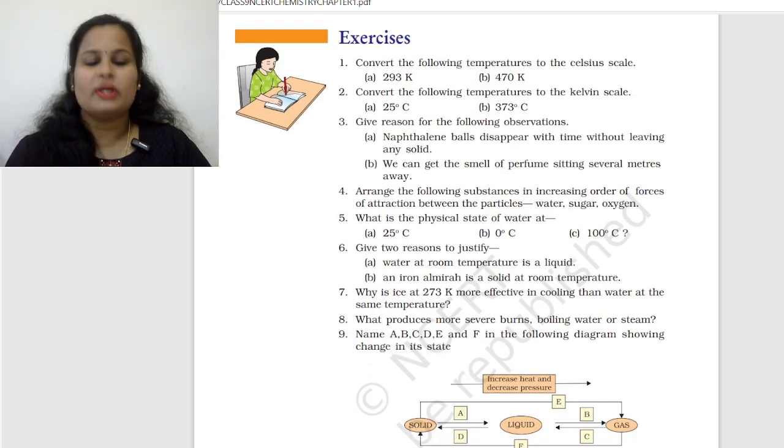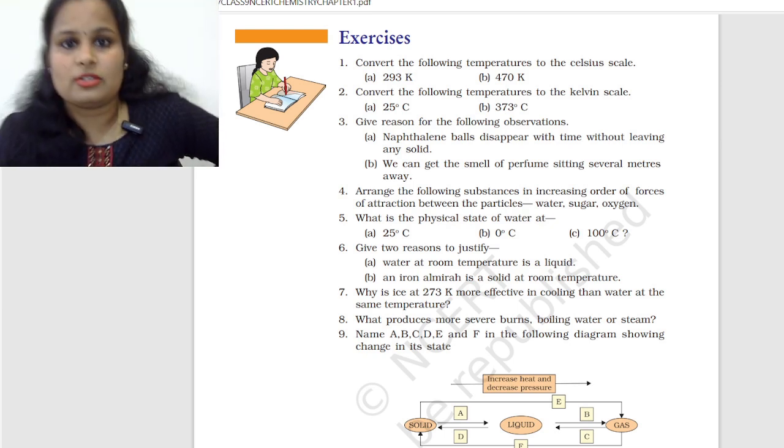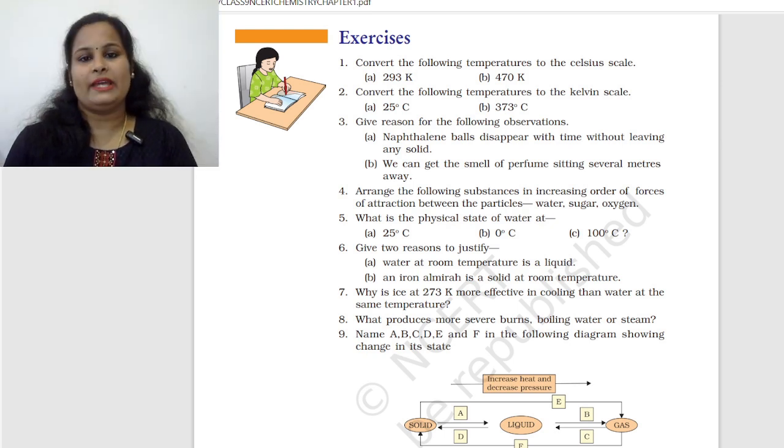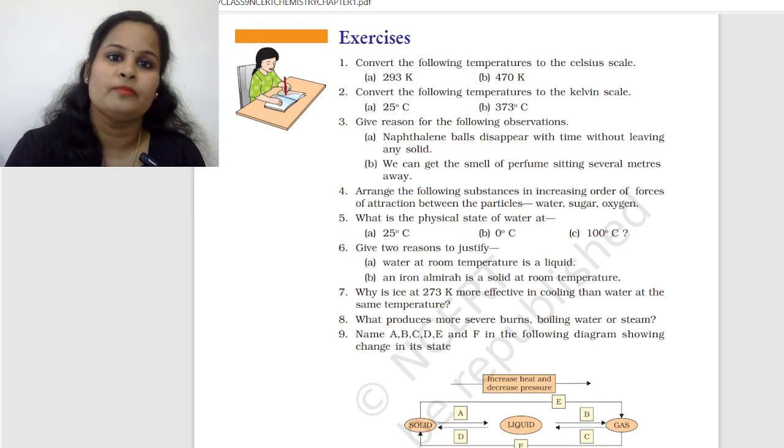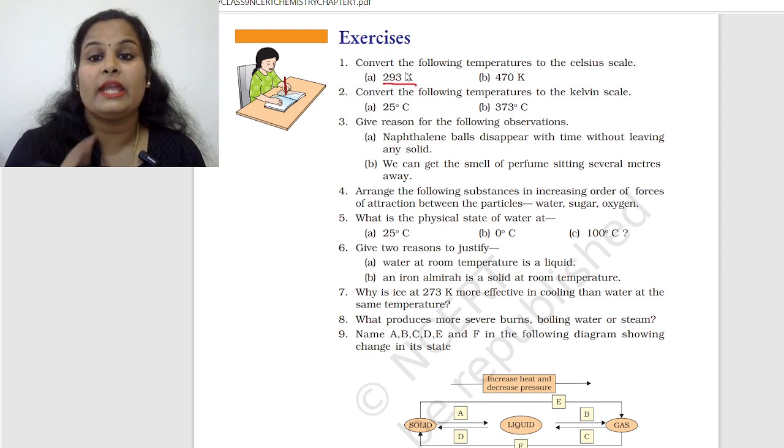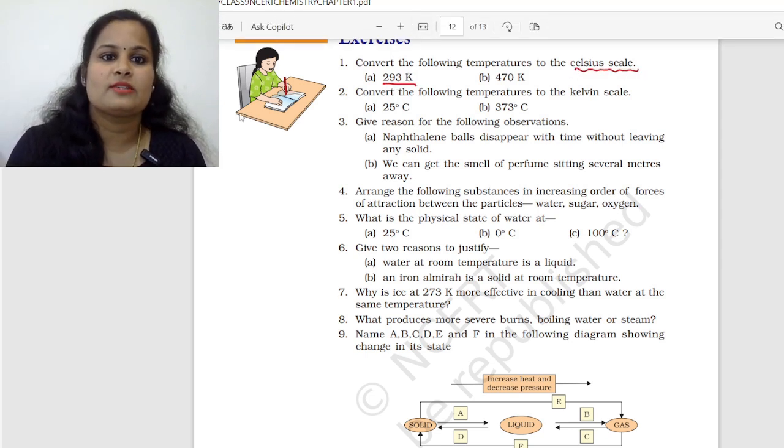The first question, convert the following temperature into Celsius scale. You can expect either of these questions, like 1 or 2. Why? Because we have just one numerical in this particular chapter, which is again important. So we need to convert 293 Kelvin into Celsius scale. So the first question, all right.